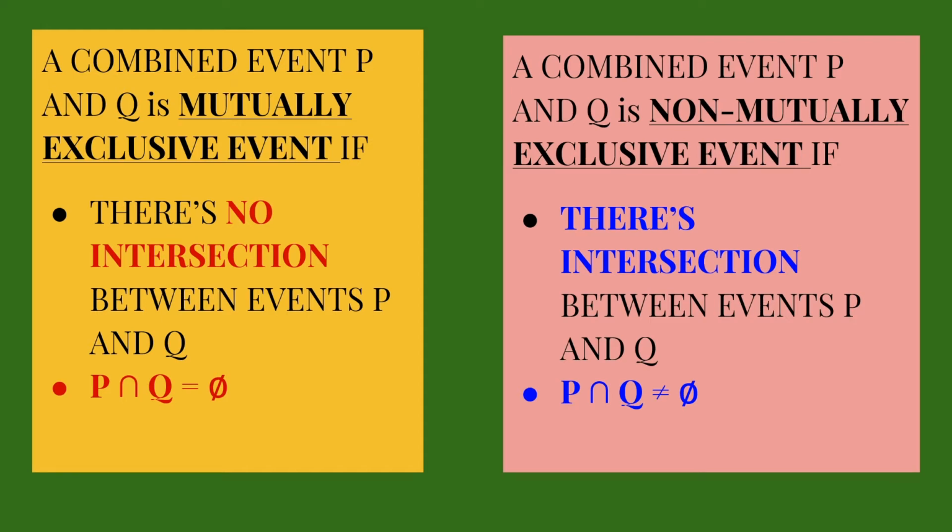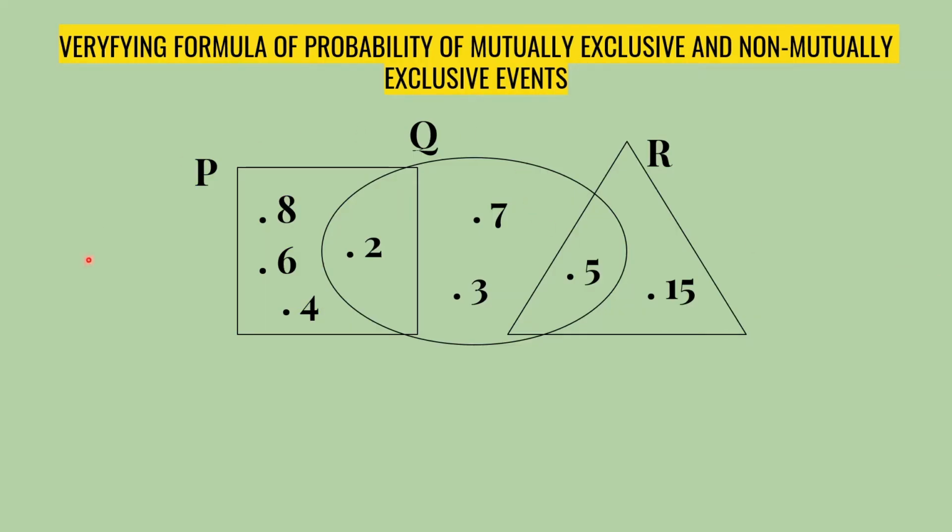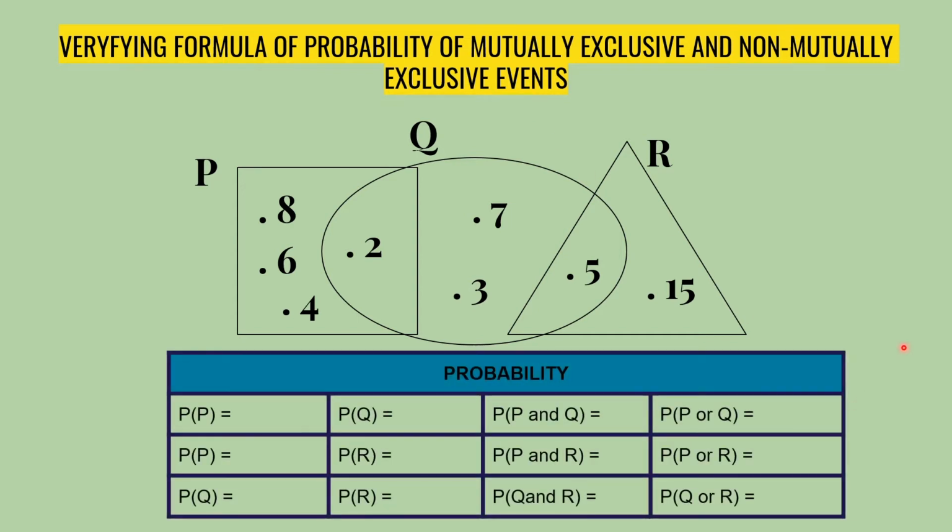Okay, so using the same examples here, we are going to verify the formula of probability of mutually exclusive and non-mutually exclusive events. What can we say about the probability of P? Probability of getting elements in P. The elements of P are 2, 4, 6 and 8.